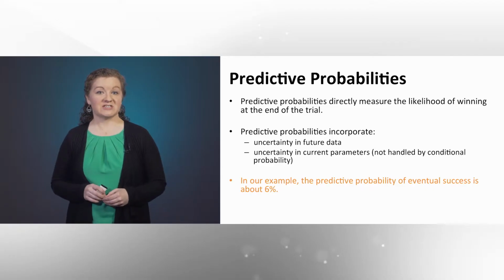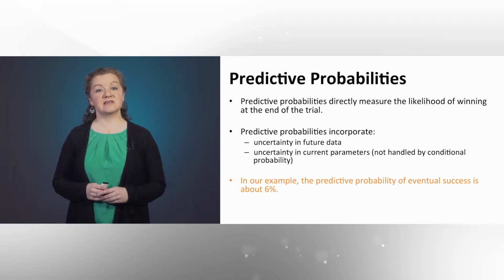So let me try to put this in the context of a sports example. Suppose that you're watching a football game and your favorite team is down and it's at the end of the 3rd quarter. So the game's not over yet, there's still 1 quarter left to play, but how likely is it that your team can come back and win the game? The way that we answer that question statistically is by predictive probabilities, which directly measure the likelihood of winning the trial at the end.